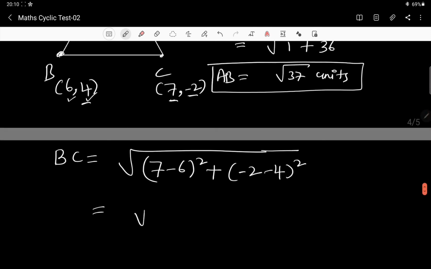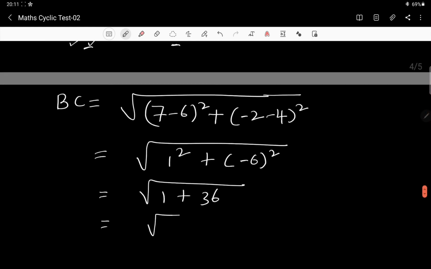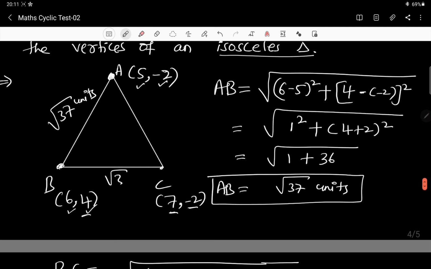It becomes under root 1 square plus minus 6 whole square. 1 square means 1, and minus 6 whole square is 36, so it becomes under root 37 units. This is also clear. So BC, how much did we get? BC also we have got as root 37.